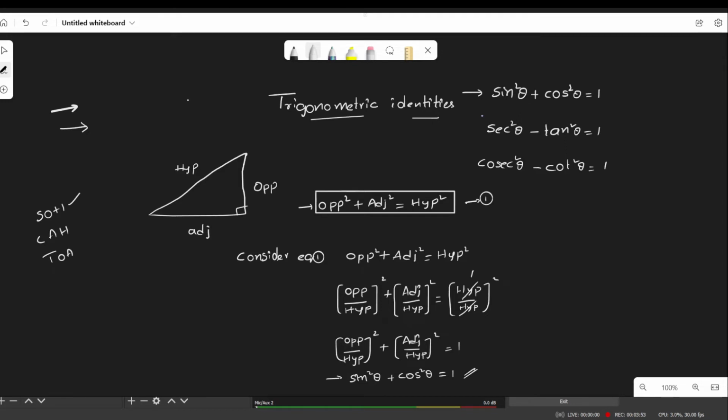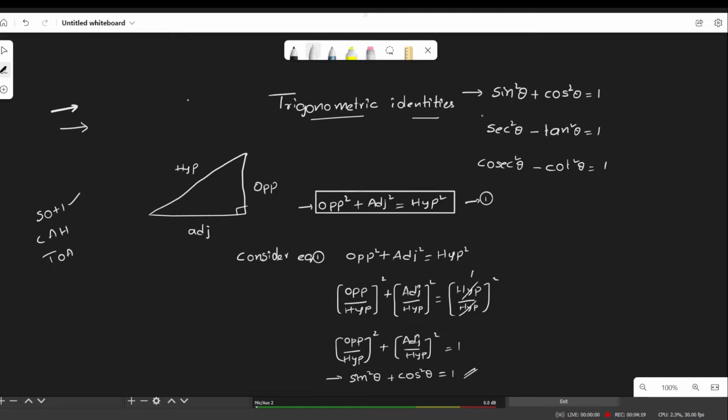See, I have just proven this identity with only one step from the Pythagoras theorem. From the Pythagoras theorem, opposite square plus adjacent square is equal to hypotenuse square, and what I did is divide that equation by hypotenuse on both sides. Then it converts into our required form, and we end up with opposite by hypotenuse whole square plus adjacent by hypotenuse whole square is equal to 1.